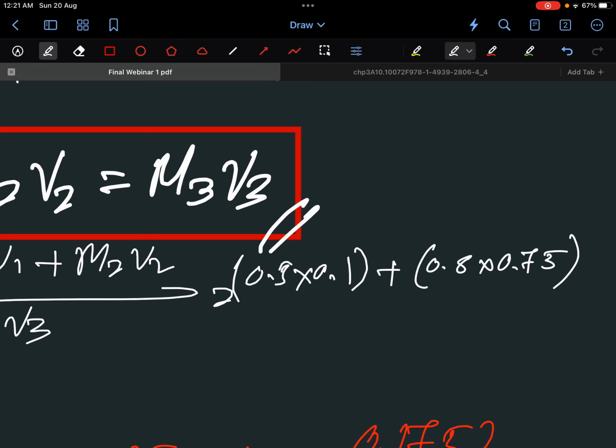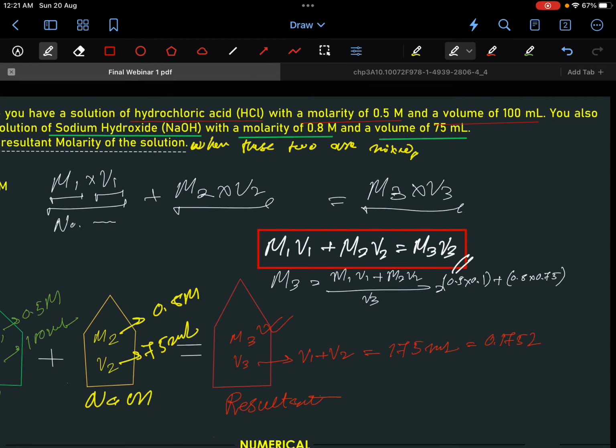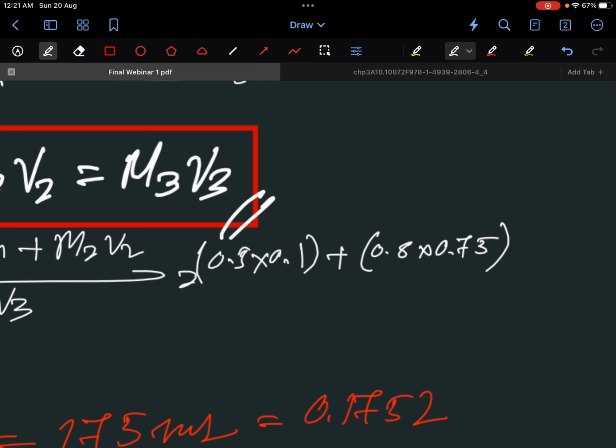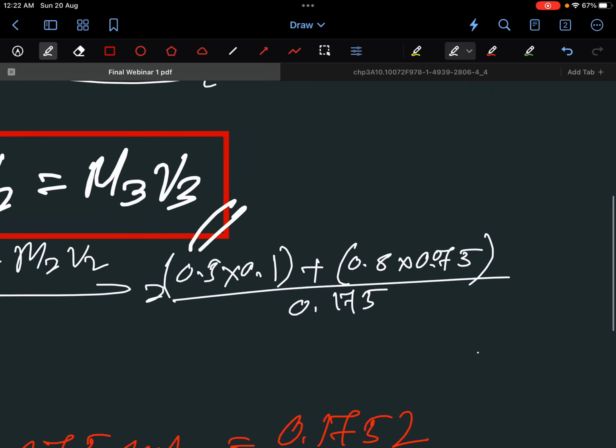Because I'm writing it in liters: 100 ml is 0.1 and 75 ml is 0.075. And divided by 0.175.